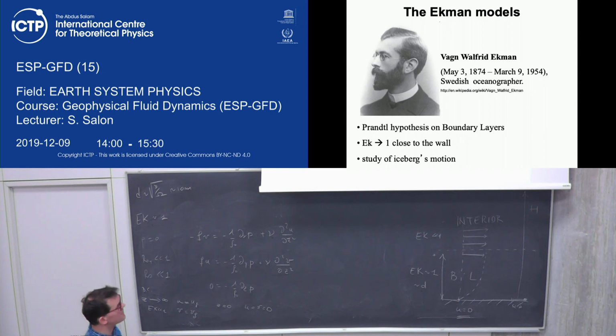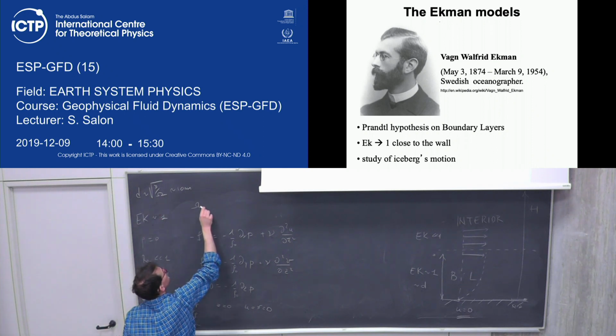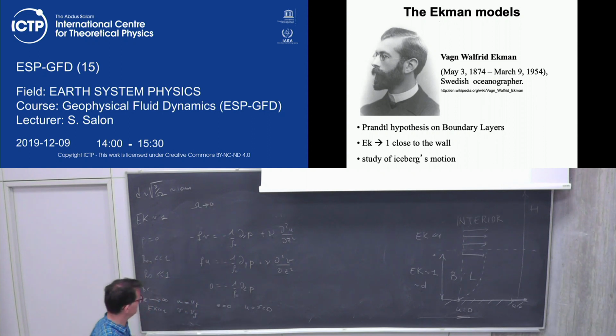Another interesting thing is that the depth of the boundary layer is constant. It depends on the viscosity and on the rotation. So if rotation goes to 0, what happens?